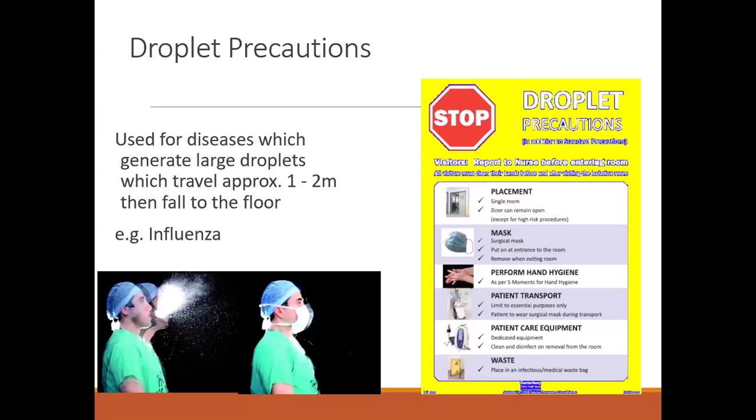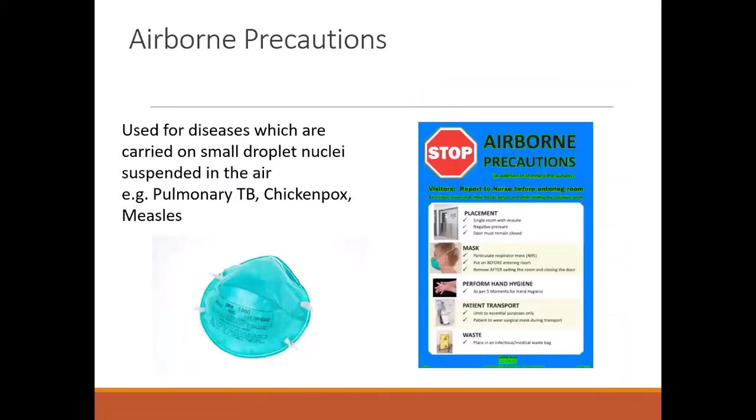Okay, and for airborne precaution, we should make sure that the respirator or N95 mask is available. We have stock, because we can expect at any time to receive a patient with TB, measles, chickenpox, or pulmonary TB.